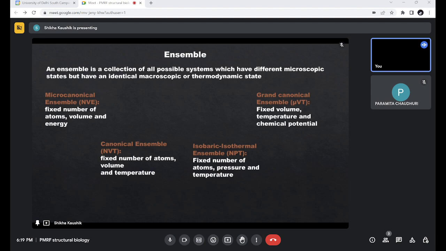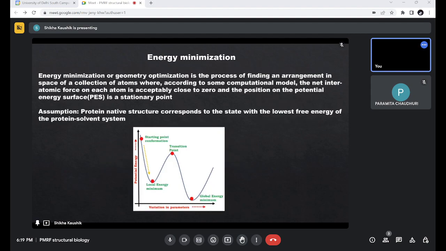So when I'm saying a fixed number of atoms, that means you have one atom in your one unit system, and when you're joining all these fixed numbers of atoms, you're making it at a macroscopic scale. I hope you are able to understand. Try to visualize it.